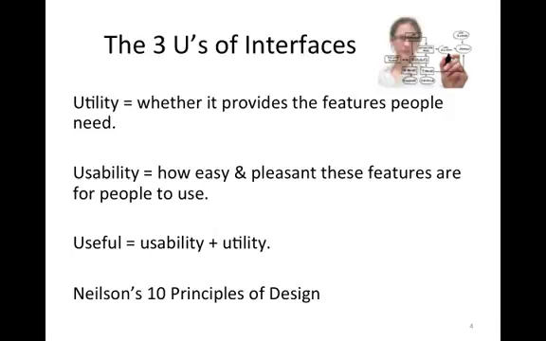So when we think about utility, we're thinking about how a system provides the features and functions that people need, whether it's displaying information appropriately, whether it's gathering information, whether it's displaying information that the organization has, whatever the utility is, the function that people need, that's what we're trying to provide.